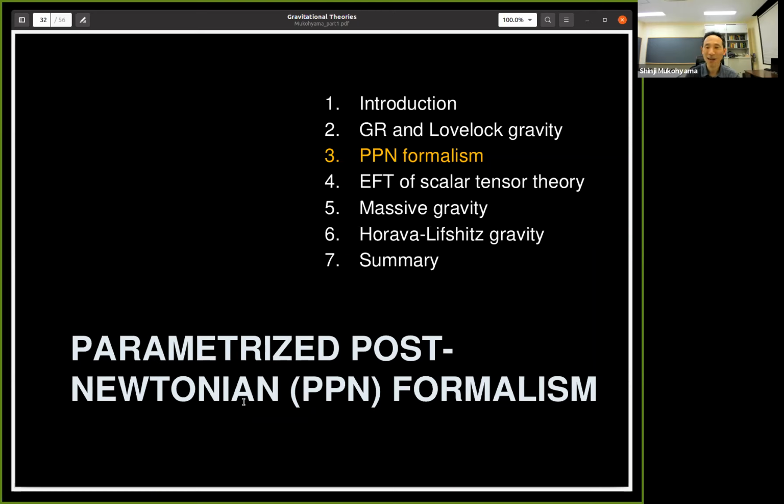So it would be nice if we had some universal framework that can summarize the results of experiments and can universally constrain a set of theories. That is the parameterized post-Newtonian formalism, or PPN formalism. This is very, very useful, so I want to explain this.